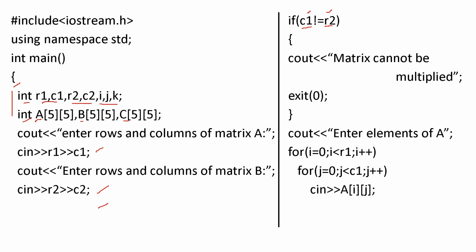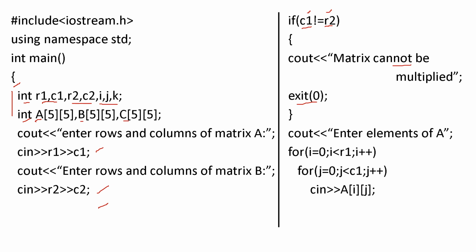If C1 is not equal to R2, then we display that the matrices cannot be multiplied, and exit 0. Now if C1 and R2 are equal, then we have to get the array data.